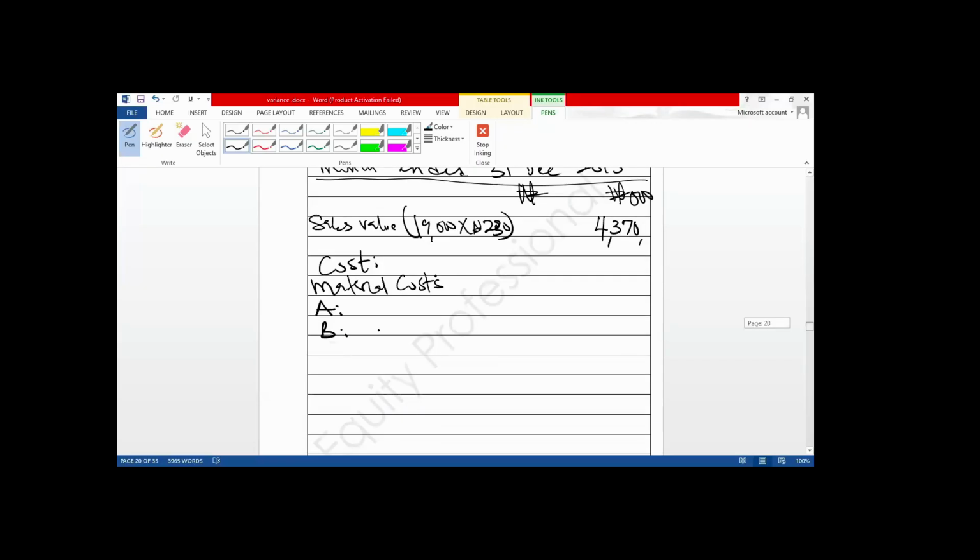Please multiply 192,000 kg at 2.4. Totally 460,800. That will give me 460.8. Assuming 30 up.